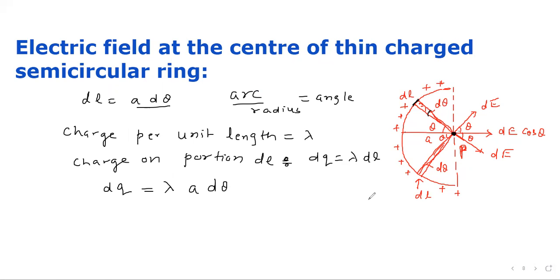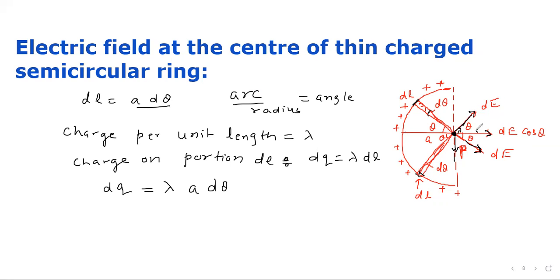Now we consider electric field due to this small element. So this is dE. Cos theta component will add up and sin theta component will cancel out, because here in this direction there will be dE sin theta due to this dE. And similarly, if we consider another length element dl here, so electric field due to this element will be dE in this direction.